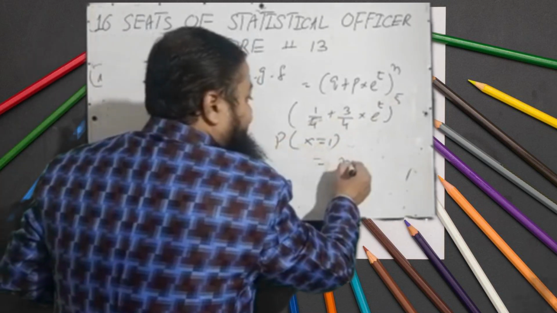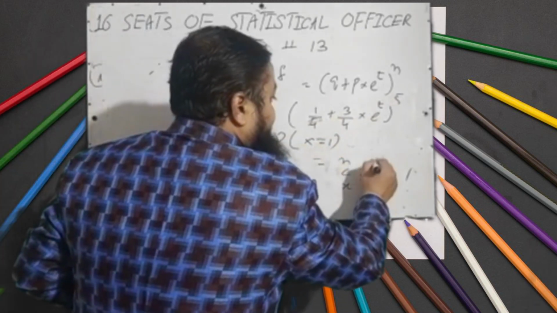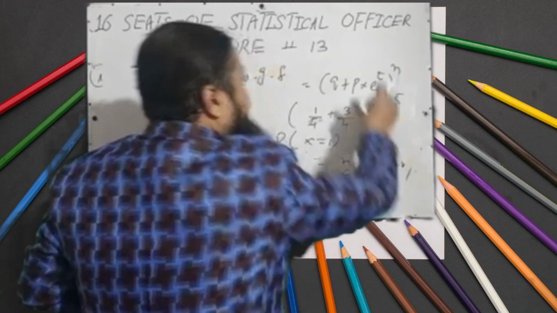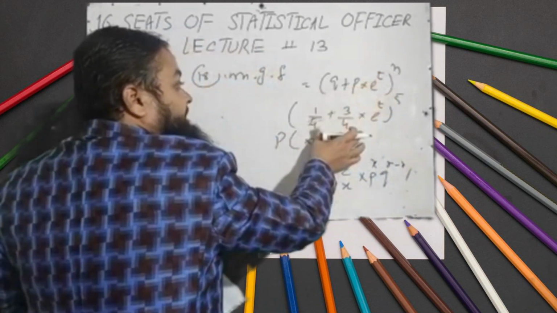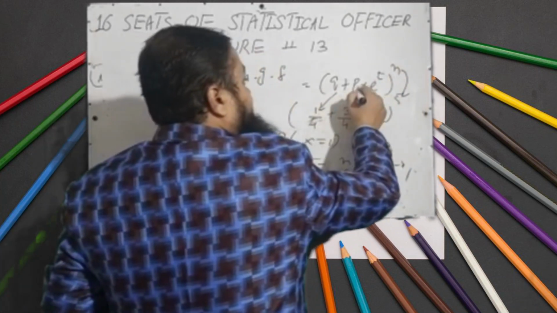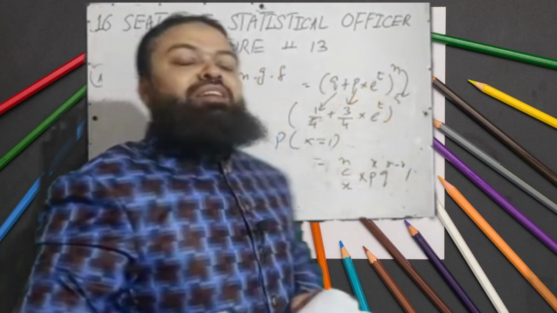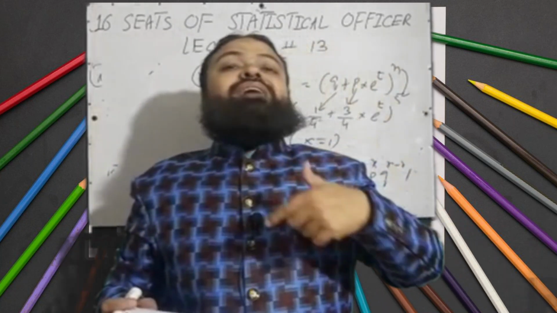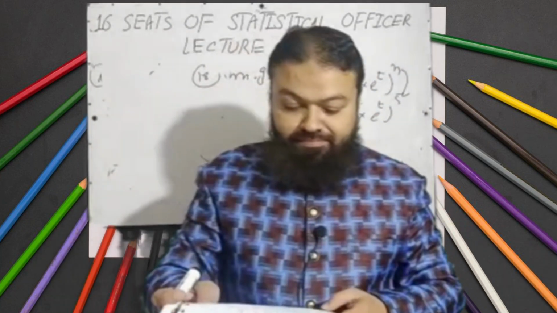We know the formula nCx multiplied by p raised to power x, q raised to power n minus x, and we know this is the moment generating function. Just compare these two. It means n is 5, q is 1 over 4, and p is 3 by 4. Just substitute the values and you can find the probability of any random variable value.